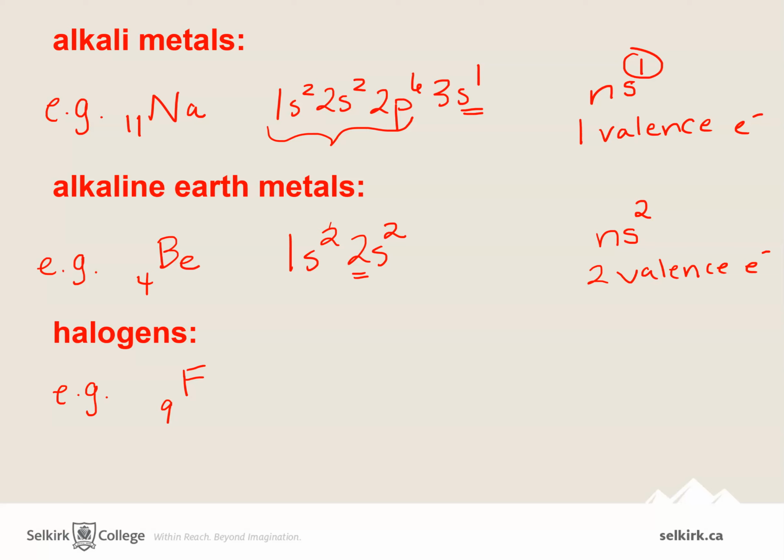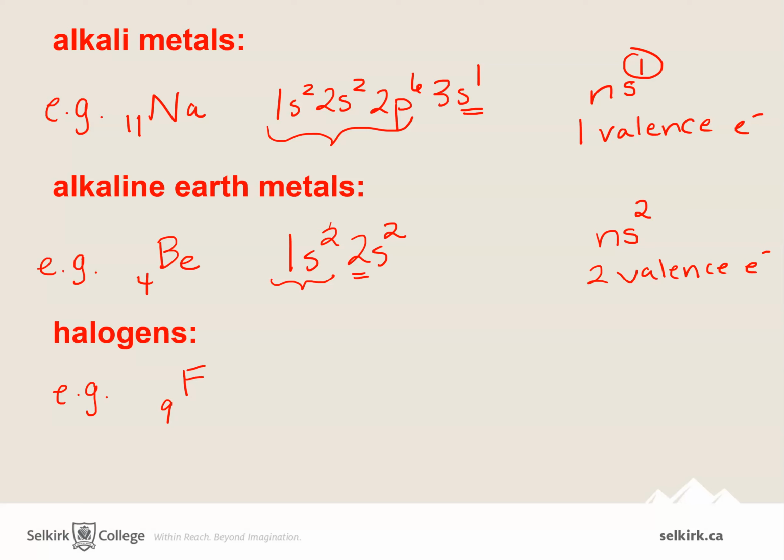They form ions. Well, what kind of ions do they want to form? If they lost 2 electrons to be left with just the full lower energy level, that would be a stable arrangement. What's the charge on an ion we get from a group 2 atom, an alkaline earth metal? +2. Coincidence? I think not.